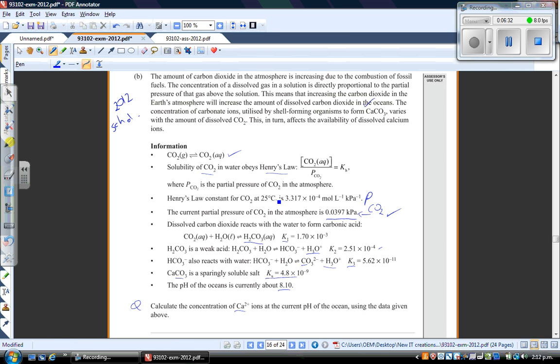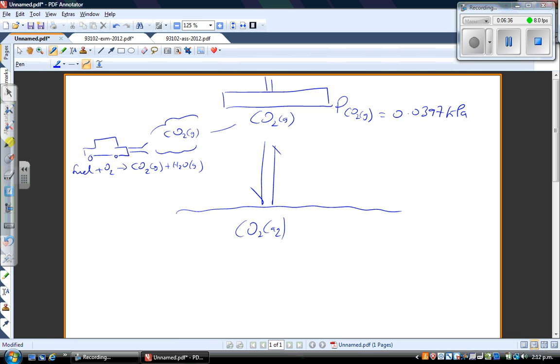So what I did there was I just introduced Henry's law, because Henry's law is related to how much aqueous CO2 we have. According to Henry's law, the concentration of CO2 aqueous can be found by using the PCO2 and Henry's constant, which is Kh.